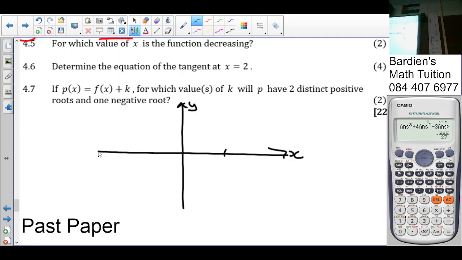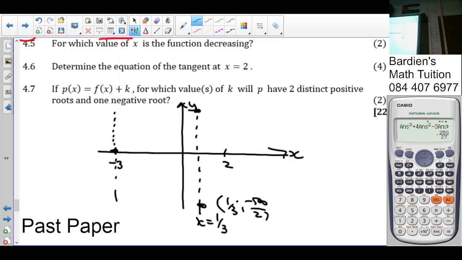The turning points happened at negative 3 and 0, and a third. It's close to the x-axis. And at the third it's turning at? This goes up and down. So it's going to be a third and negative 500 over 27.